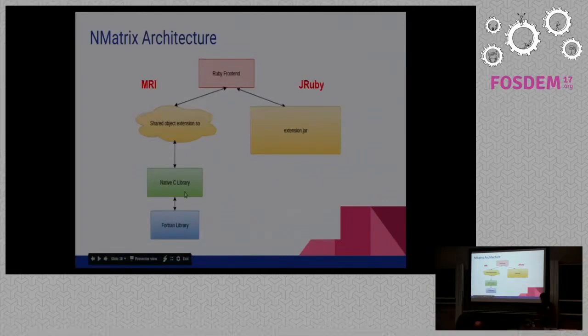And these C libraries are connected to the Fortran libraries, that's BLAS and LAPACK. So basically you have 3 layers, and the Fortran library is what makes your computation go fast. For JRuby we have just extension.jar. It's built on top of Apache Commons Math.